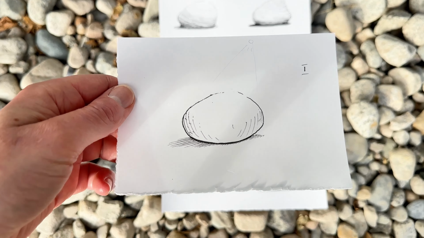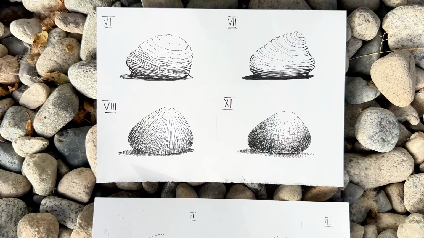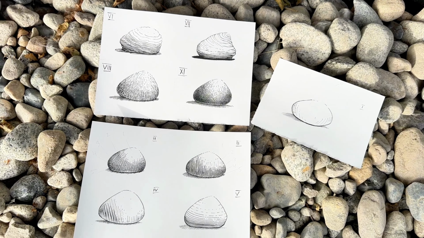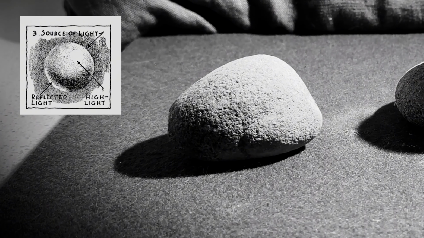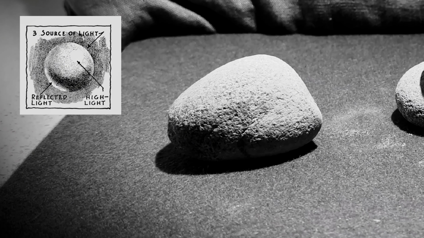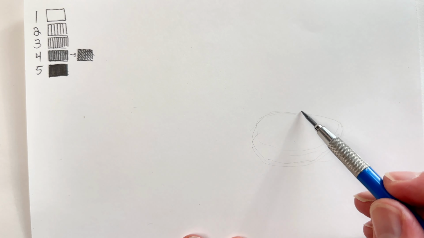The possibilities are limitless. We could easily do a dozen more of these. Your ink drawings will turn out well when mindful of the values and how the light interacts with the surface of the object, in this case, a beach stone. These were 9 different rendering styles for a single stone.